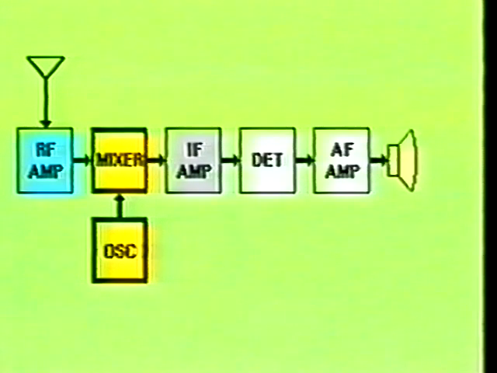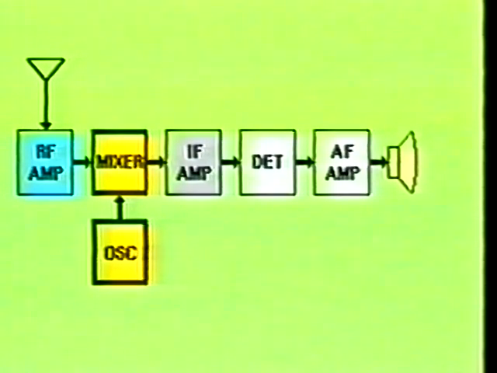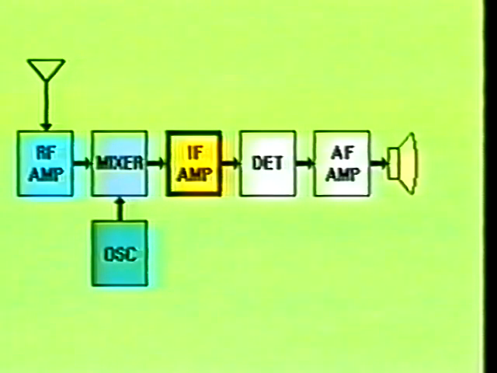Next, the amplified RF signal is fed into the mixer circuit, where it is combined with the frequency being generated by the local oscillator circuit. At this point, the signal is being heterodyned and converted into a different frequency called the intermediate frequency, or IF for short. The intermediate frequency signal is then fed into another amplifier stage, which further increases the amplitude or the strength of the signal.